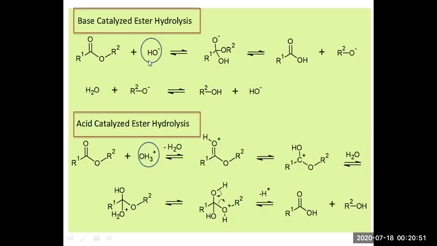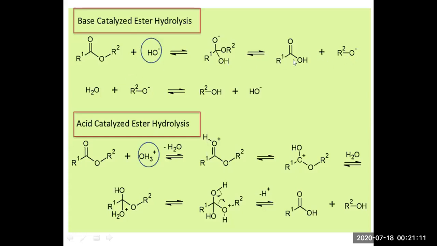The first one is base catalyzed; OH⁻ is a base. Now, this OH⁻ undergoes nucleophilic addition to the carbonyl group to produce this particular species. Once this is formed, it breaks down to give you acid and alkoxide ion. Now we know that acid is a proton donor and alkoxide is highly unstable.